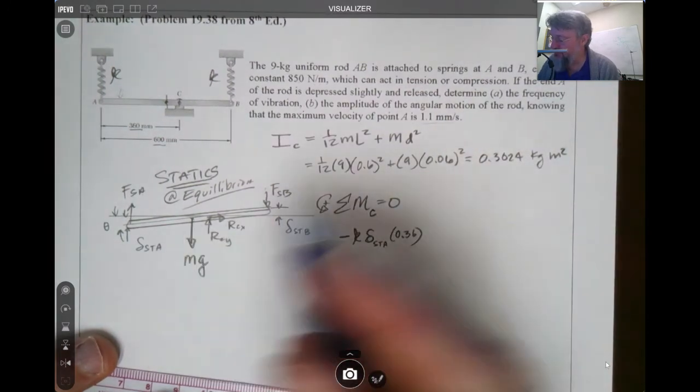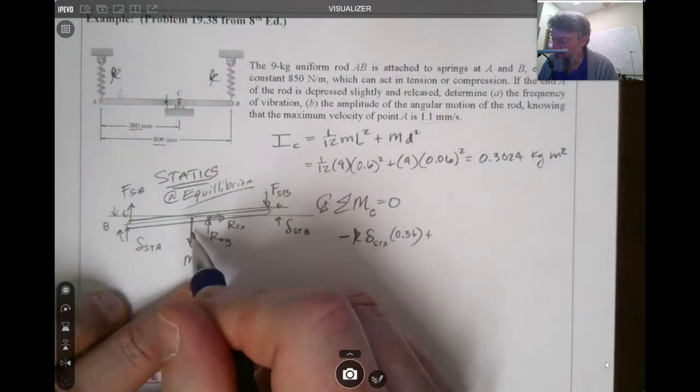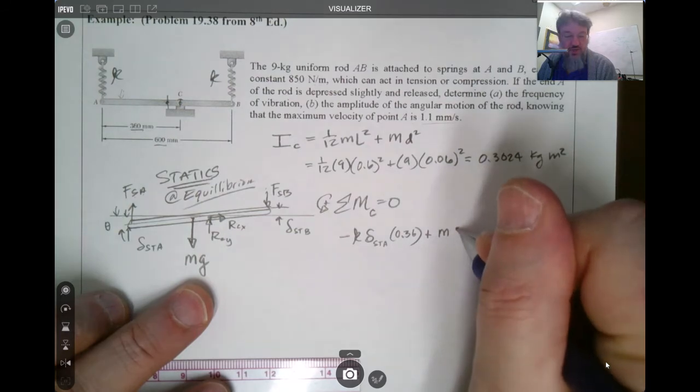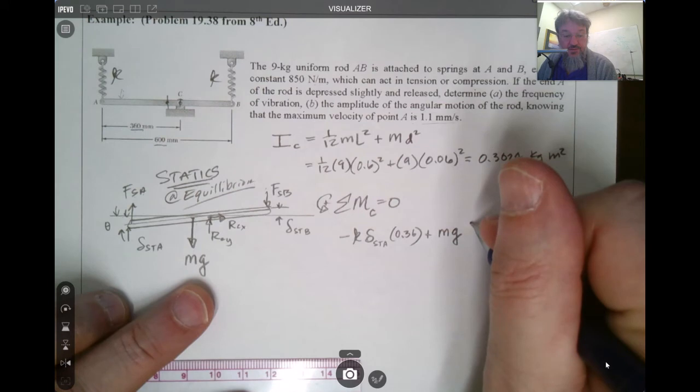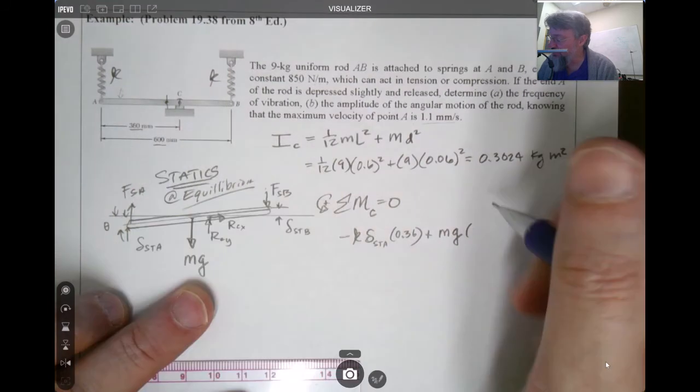And then we're also going to have, this is going to be counterclockwise, mg, and I guess I decided to leave it there as mg, not put the numbers in here, and this distance, which is 0.06.